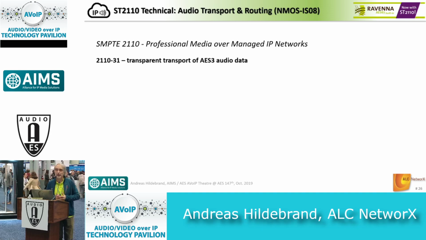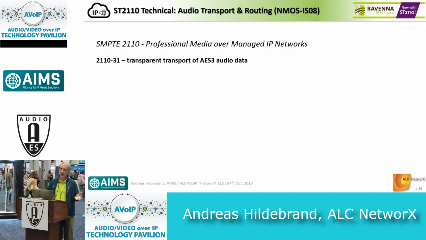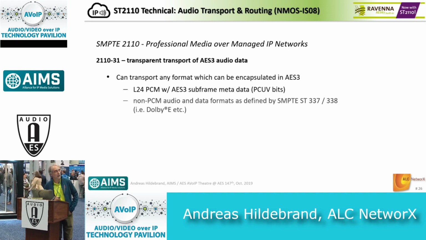Now onwards to the AES3 bit transparent transport. Remember, AES67 is pure linear audio only. It cannot transport AES3 signals, which carry additional metadata information. But SMPTE wanted to have this inside their suite of standards. So they developed the -31 document, which describes the AES3 bit transparent transport.